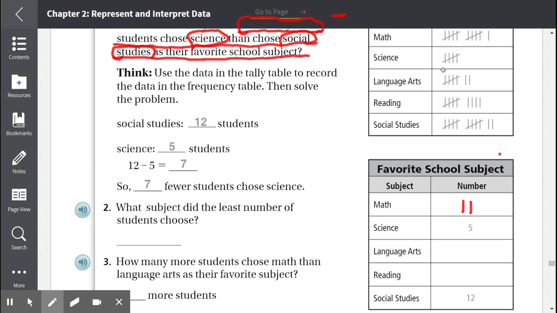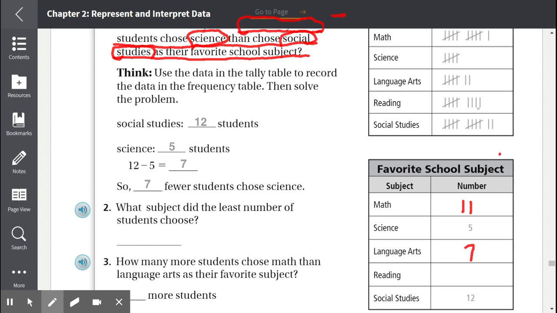Now language arts. 1, 2, 3, 4, 5, 6, 7. 7 students chose language arts as their favorite. For reading, we had 1, 2, 3, 4, 5, 6, 7, 8, 9.